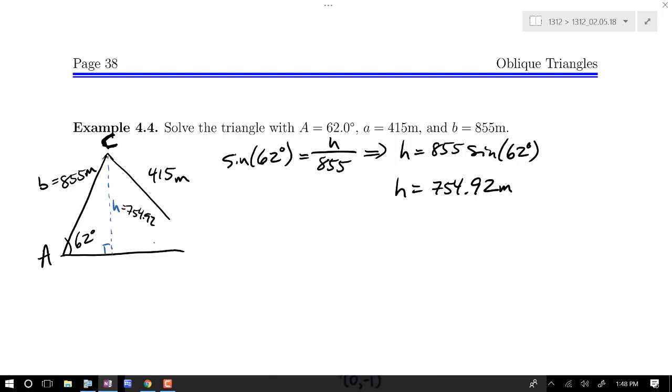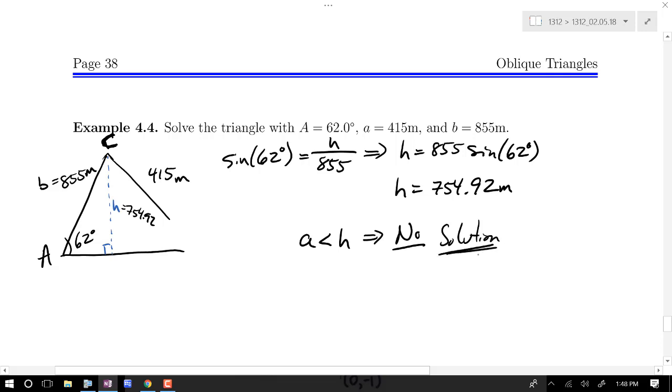Compare side A to the height. Side A is less than the height. And what does that mean? It can't be. I would say this is the opposite side of the spectrum in terms of how much work is required to solve one of these. No triangle. All right, I'm done.